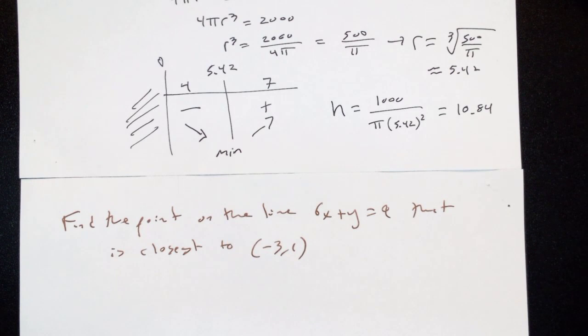I'm only allowed to use points on the line. I want to get as close as I can to that answer. I'm only allowed to use points from my building blocks, 6x plus y equals 9, to get to this one point, which is not on that line.